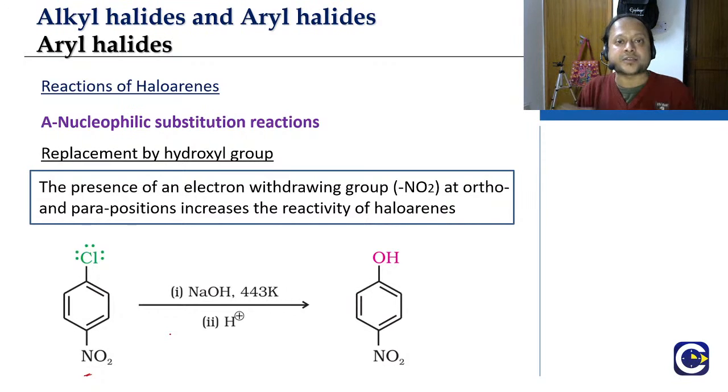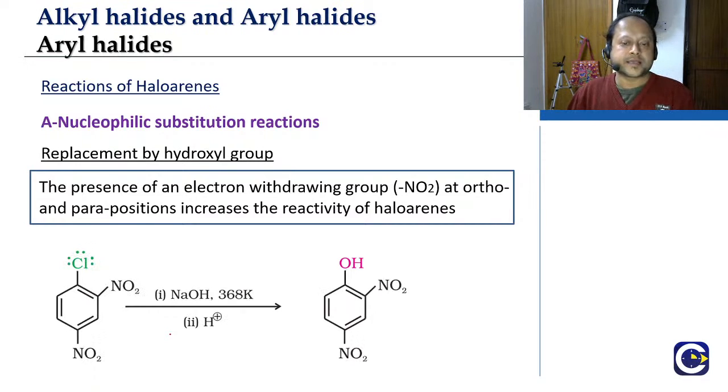Why? Because during resonance the electron shiftings are taking place only at the ortho positions and para positions, but not at the meta position, right? So let's see, if you have got two, see the condition has become further smoother. From 443 you have come down to 368, right, with two of them.